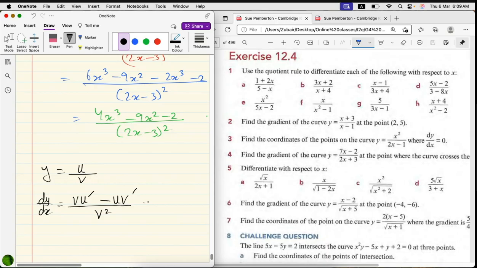So then it would be 2 into 5 minus x, minus 1 plus 2x into negative 1, over 5 minus x squared.